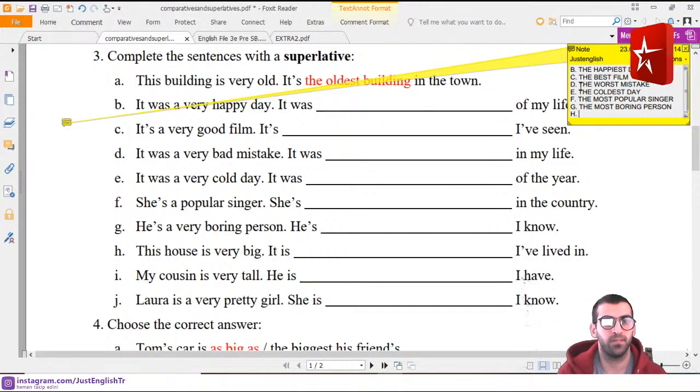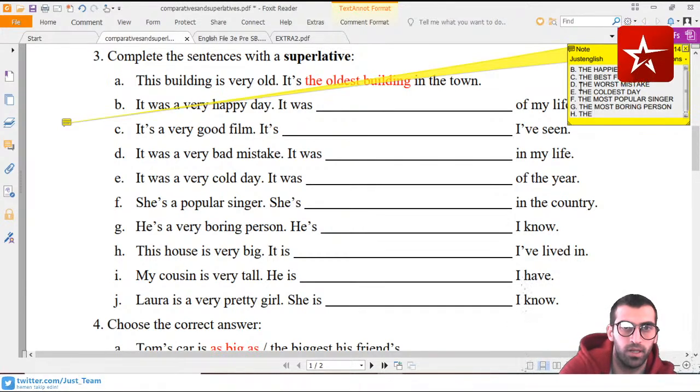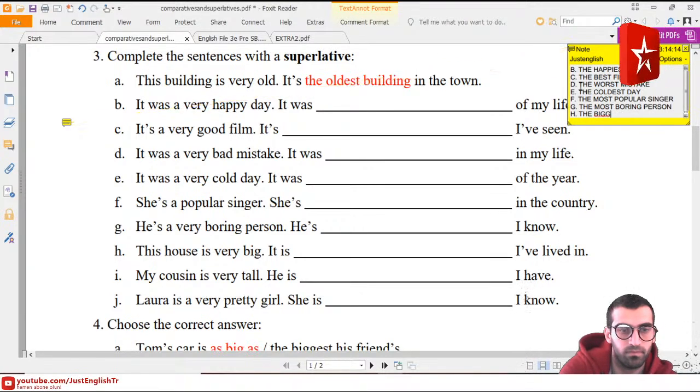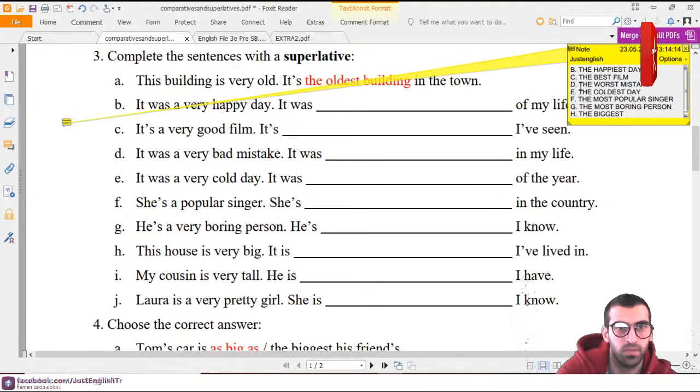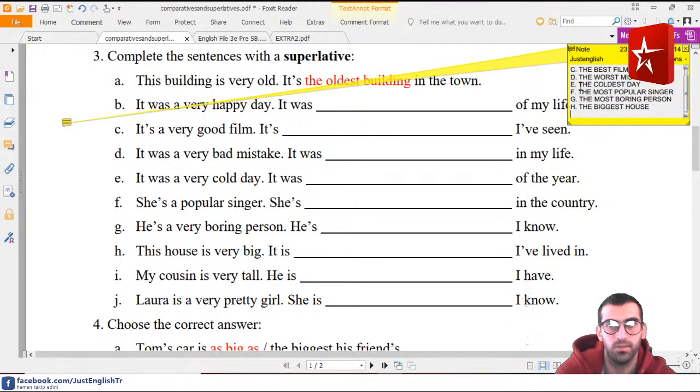This house is very big. It is the biggest. Yes, the biggest with double G. Biggest what? Biggest house. Yes, biggest house I have lived in.